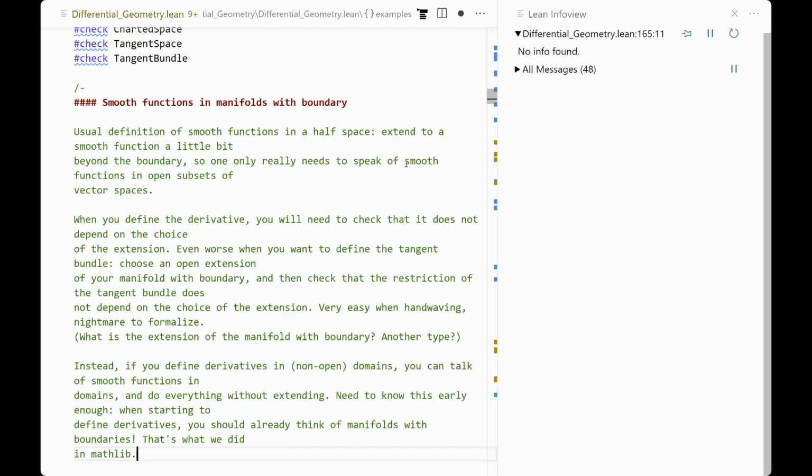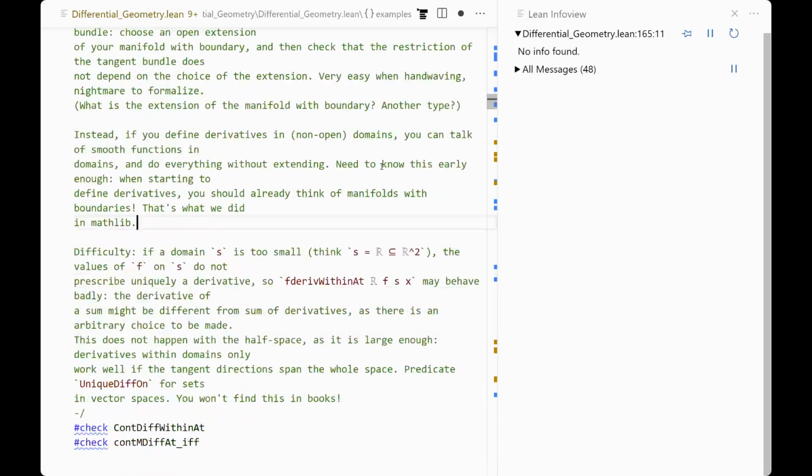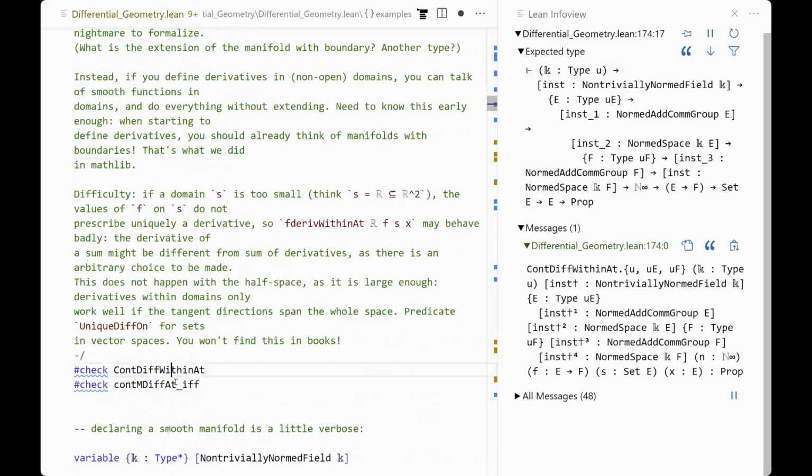So in Mathlib, even for maps between vector spaces, we already have this very nice notion of being smooth at a point within a particular set that might not be open, but might be on the boundary of that set. And this was also done by Sebastian with manifolds with boundaries specifically in mind. And so we have this predicate: a function is continuously differentiable.